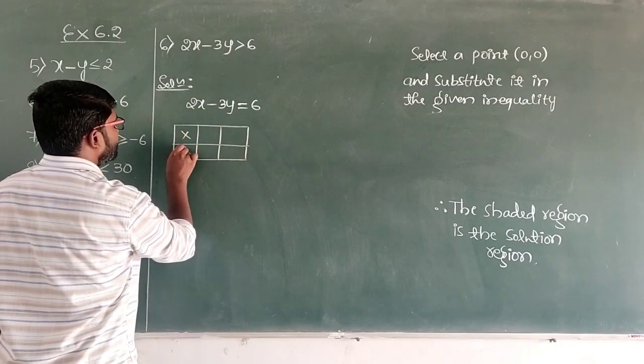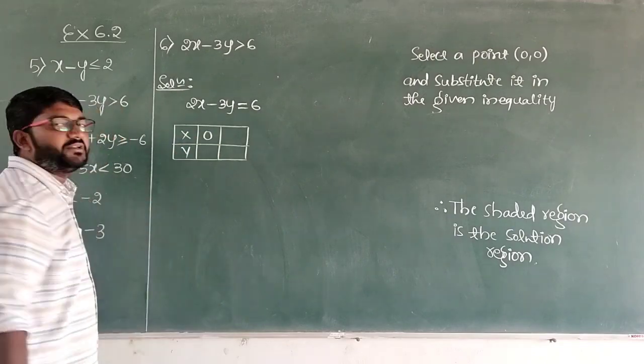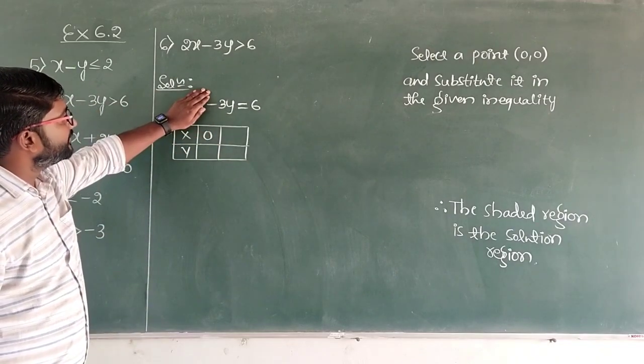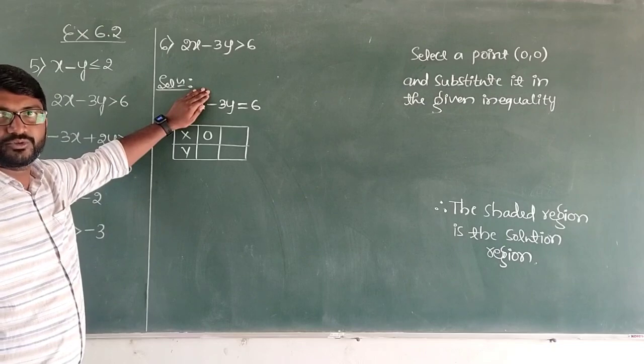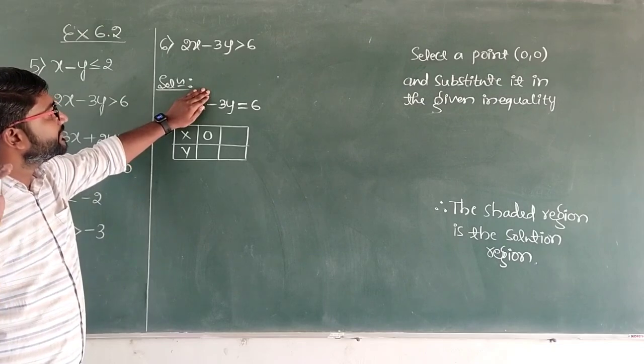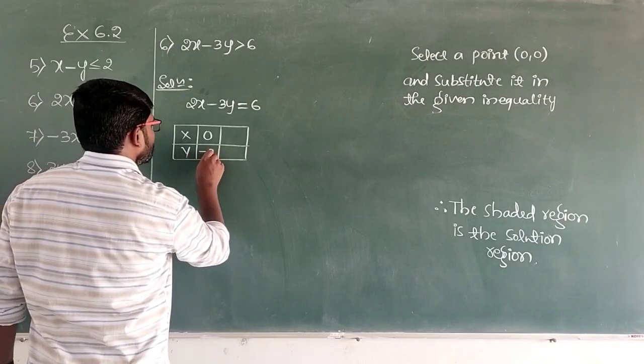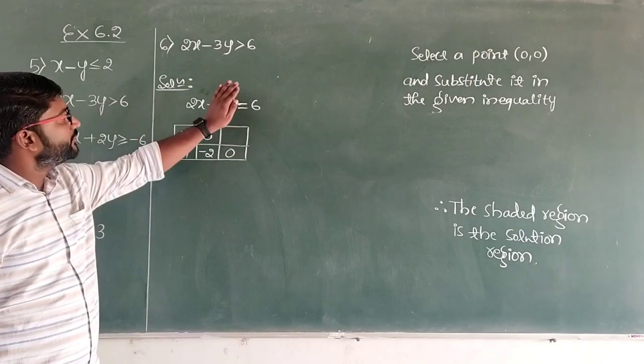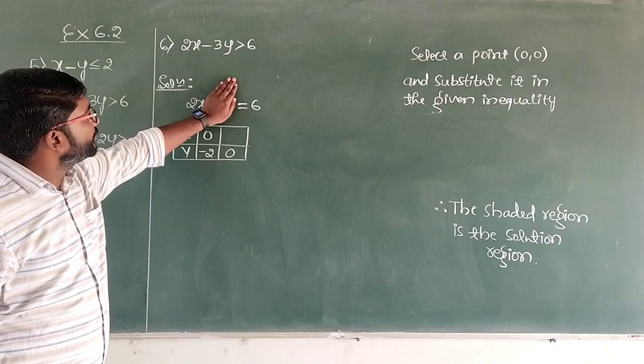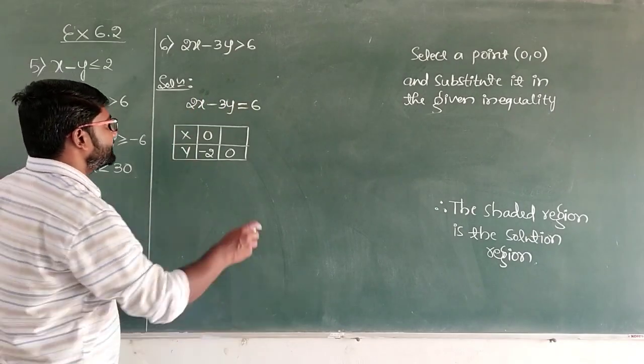So this is x and then y. When x is 0, this will be eliminated. What do we get now? Minus 3y equal to 6. That means y will be 6 by minus 3, which is minus 2. Now y 0 means it will be eliminated. We get 2x equal to 6, that means x will be 3.